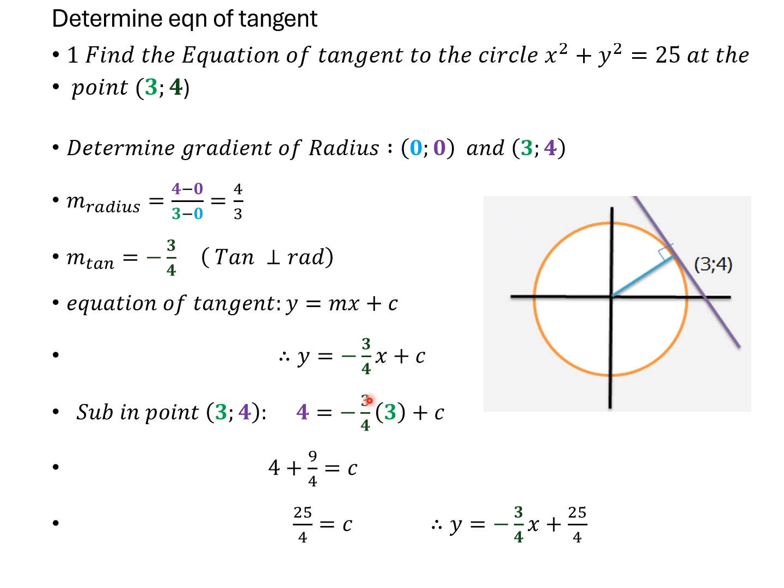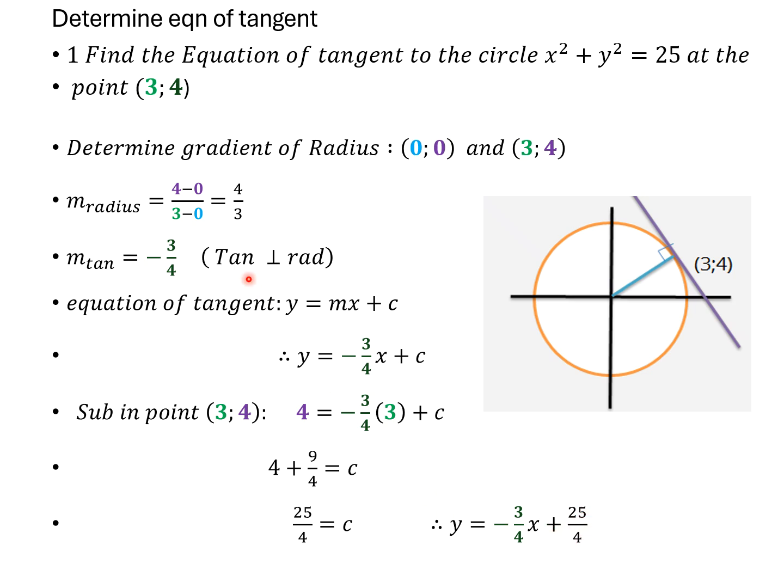If I take -9 over 4 over, it becomes +9 over 4, and we're left with c. 4 plus 9 over 4 is the same as 16 over 4 plus 9 over 4, which gives me 25 over 4. You can do that on your calculator. So we have the value of c, and the equation of the tangent is y equals -3 over 4 x plus 25 over 4.